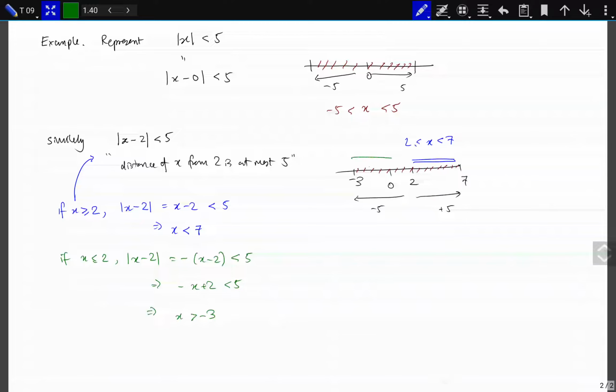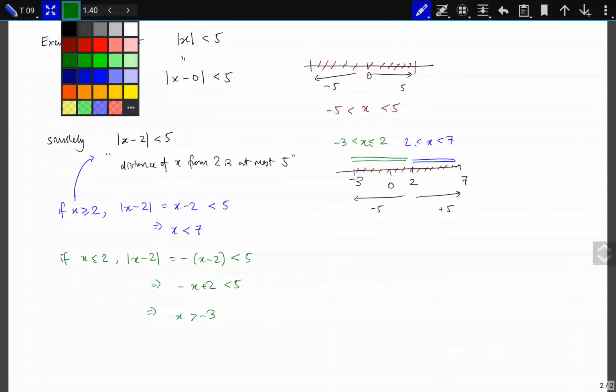And you see that this is exactly this piece. It overlaps. So x is greater than minus 3 and less or equal to 2. So overall, the solutions are, as promised, the red piece: x lies between minus 3 and 7.